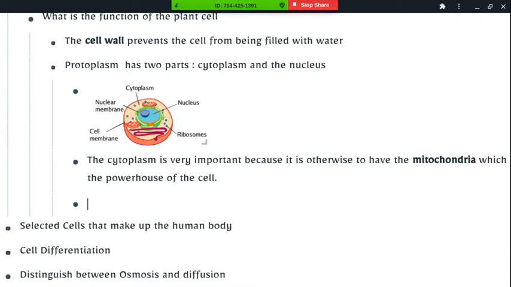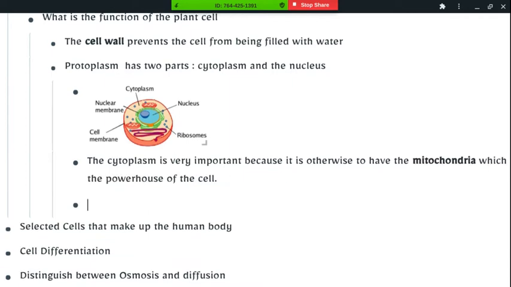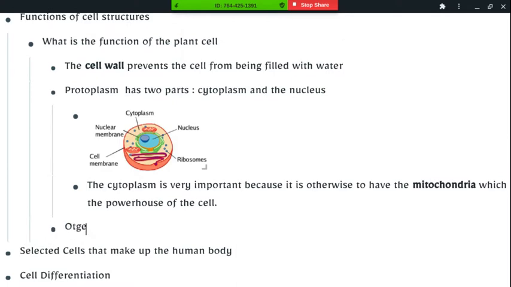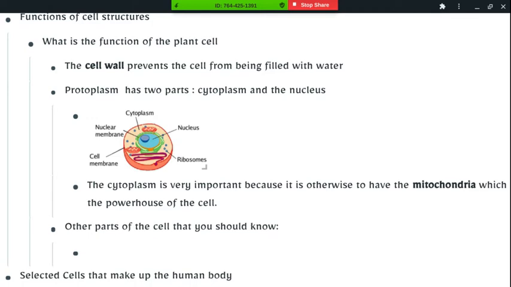Now, let's quickly go through the other parts of the cells that you should know. Write these for me. The cell membrane.